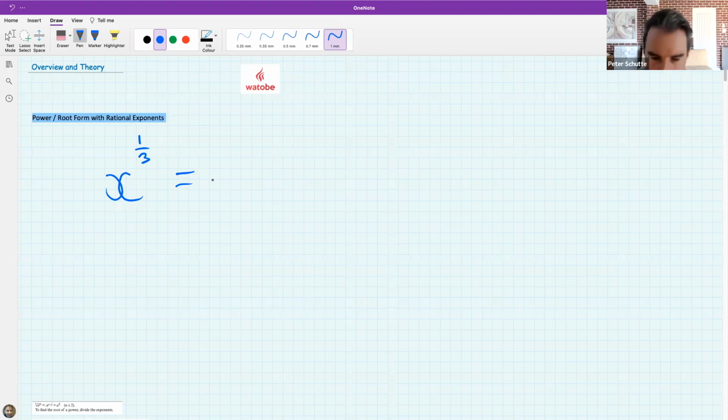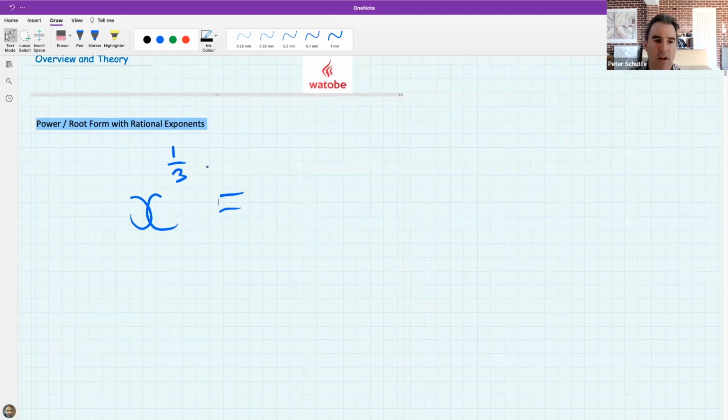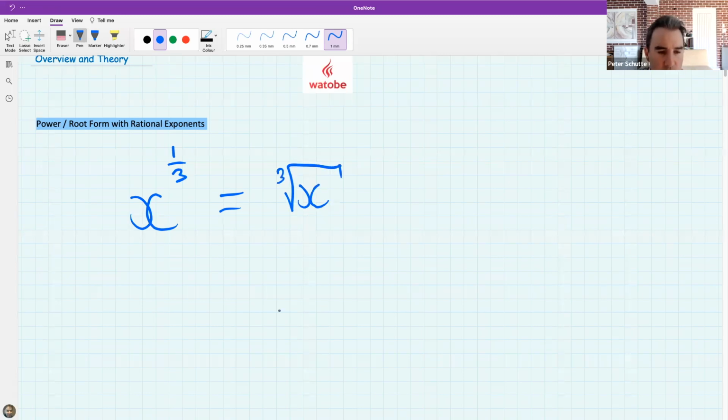Let me give you an example. x to the power of a third is the same as the cube root of x.